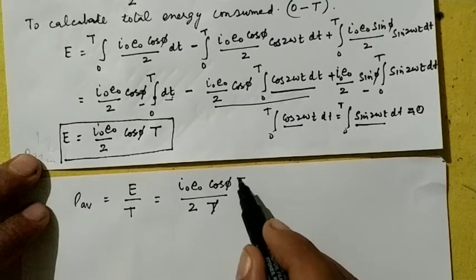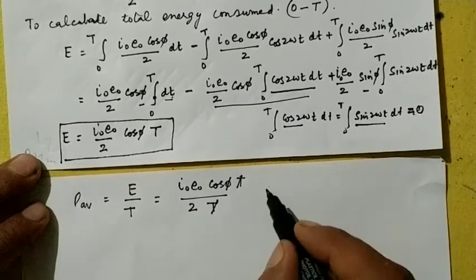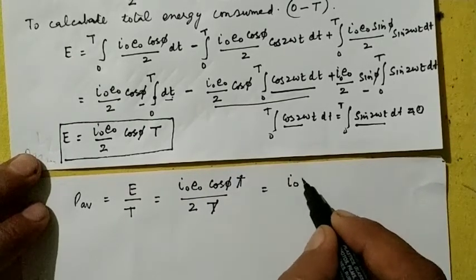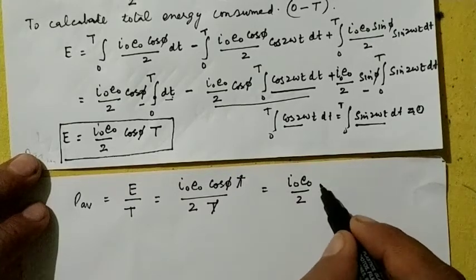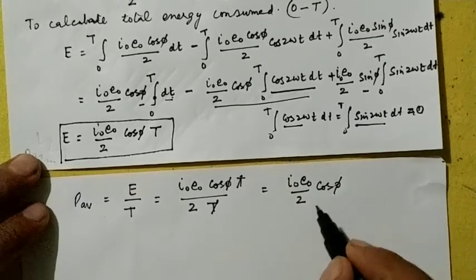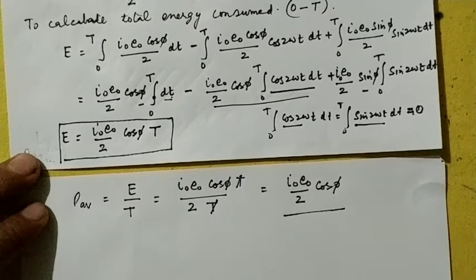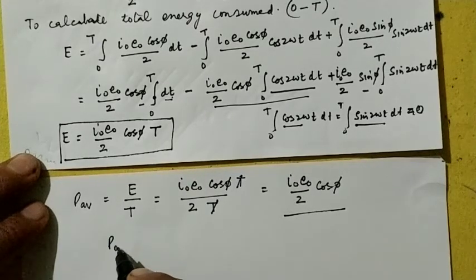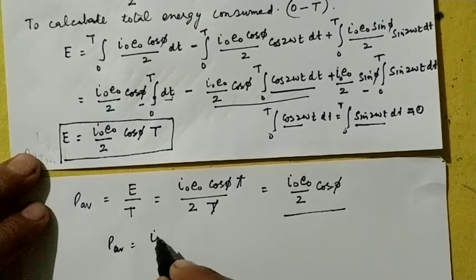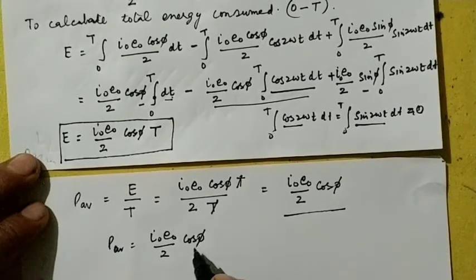So that is capital T, capital T get cancelled out. So we are left with I naught E naught divided by 2 into cos of phi. So this is your average power consumed, equal to I naught E naught divided by 2 into cos of phi.